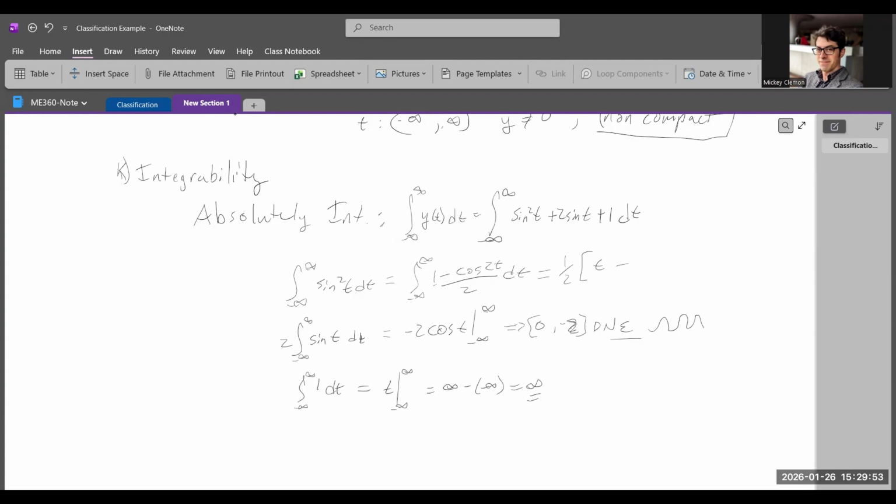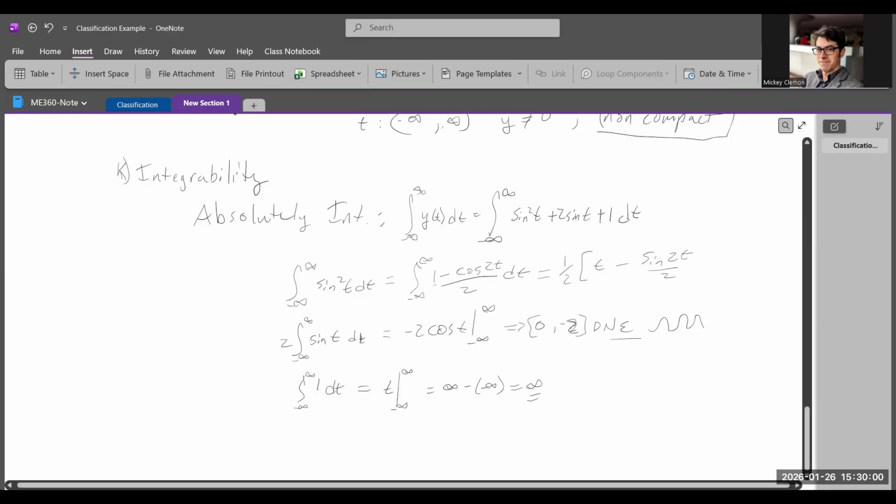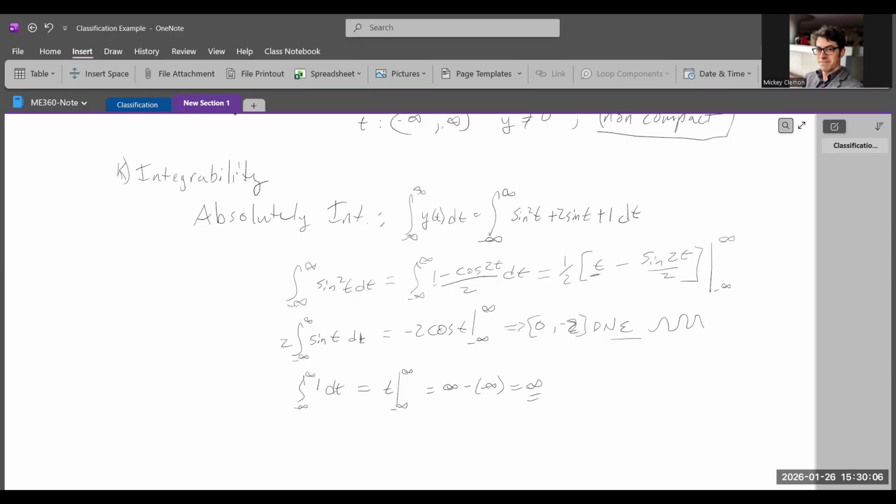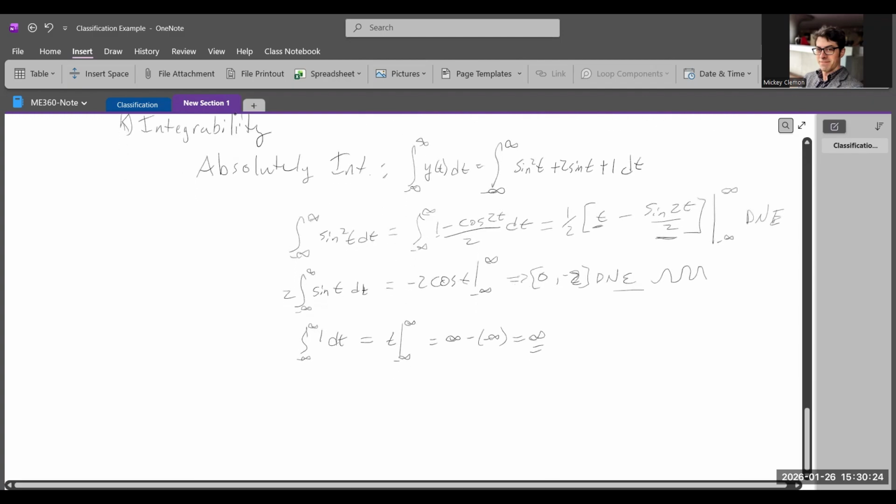And then we have minus sine 2t over 2. And we evaluate this from minus infinity to infinity. And again, we have an infinity there, and then something that does not have a limit. At infinity, it continues to oscillate forever. So again, we do not have convergence to a finite number here. So this equation is not absolutely integrable.